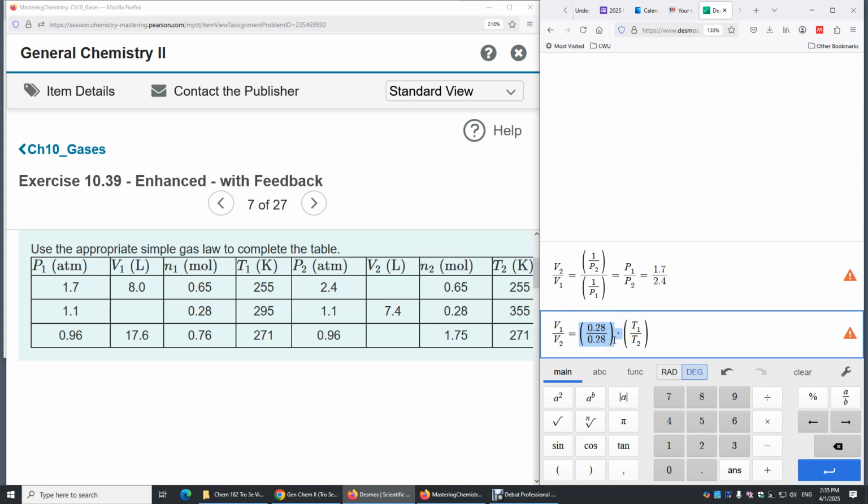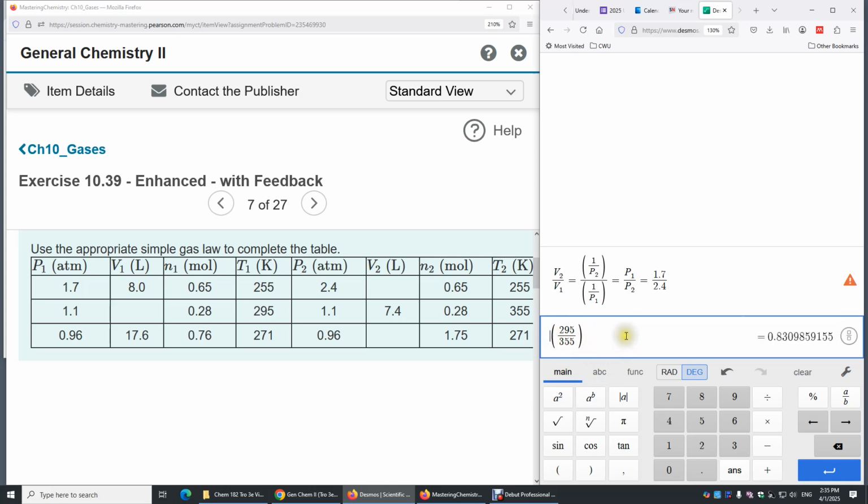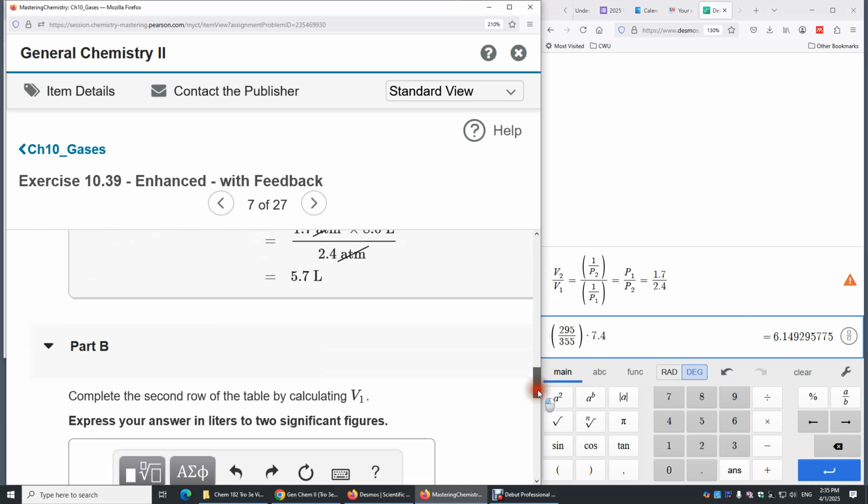T1 is 295, T2 is 355. So V1 is V2 times this. V2 is 7.4. The answer is 6.1. V1 here is 6.1. The volume is smaller at a lower temperature than the volume at a higher temperature.